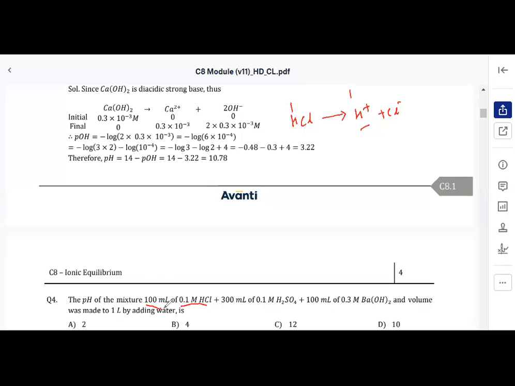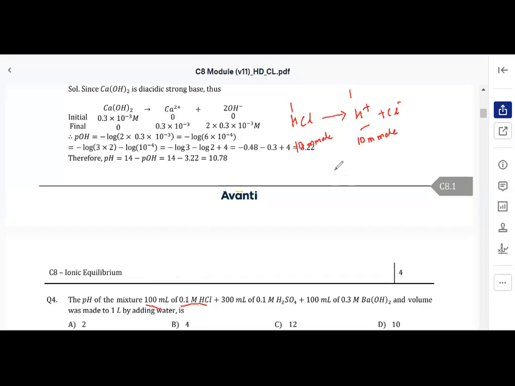And how many moles of HCl we will have? 100 milliliter into 0.1, so it is 10 millimole. 10 millimole of HCl will give 10 millimole of H plus. Anyone have any issue till this point?